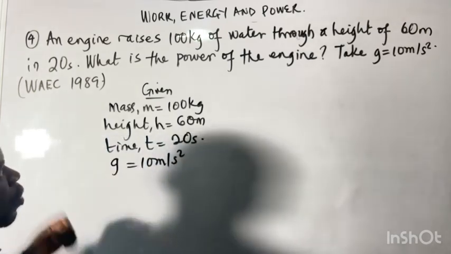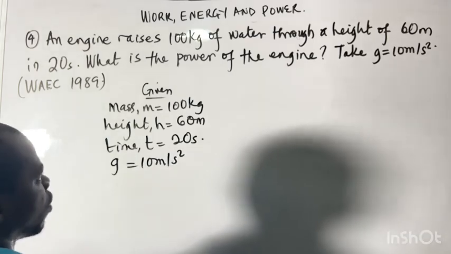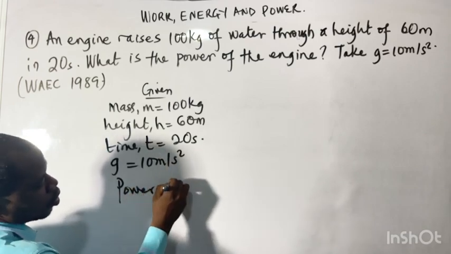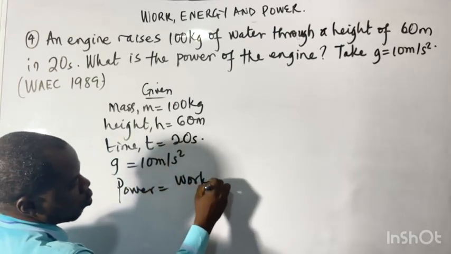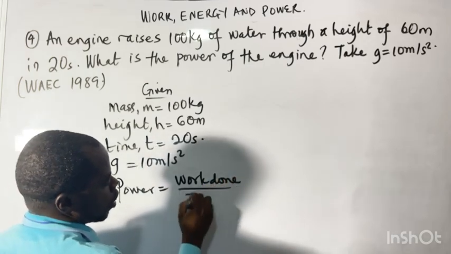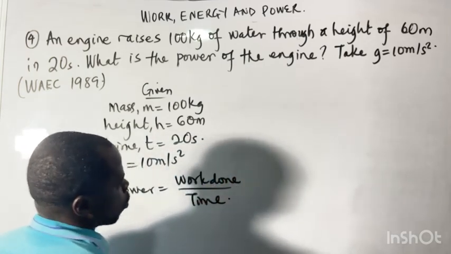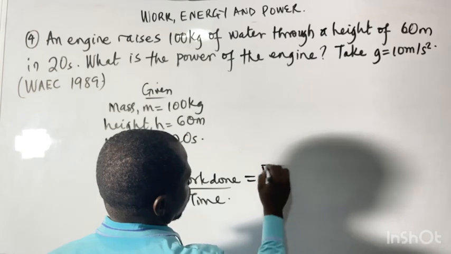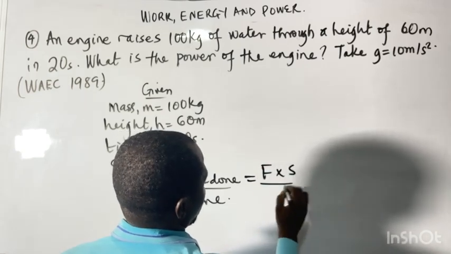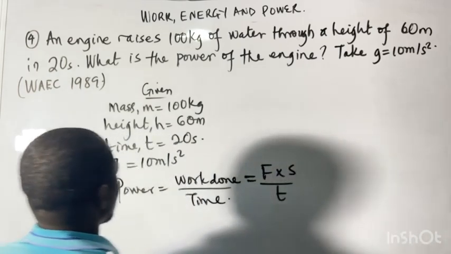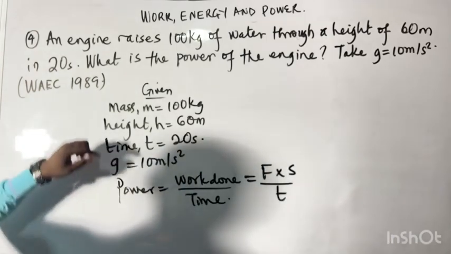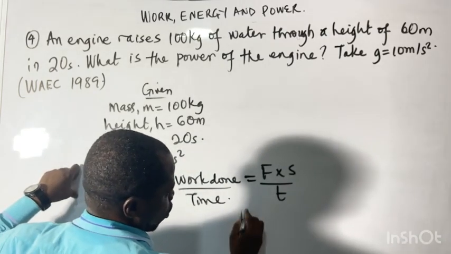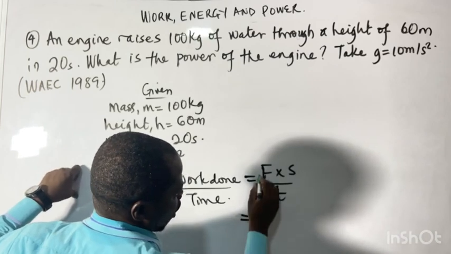So we want to look at the power of the engine, and how do you calculate that? Remember, we have established that power is equal to work done over time. So in that case, I know that work done is equal to force times distance, over time. We know that force is also equal to mass times acceleration due to gravity.